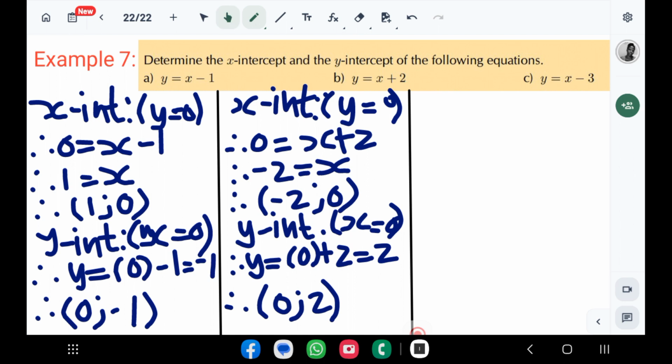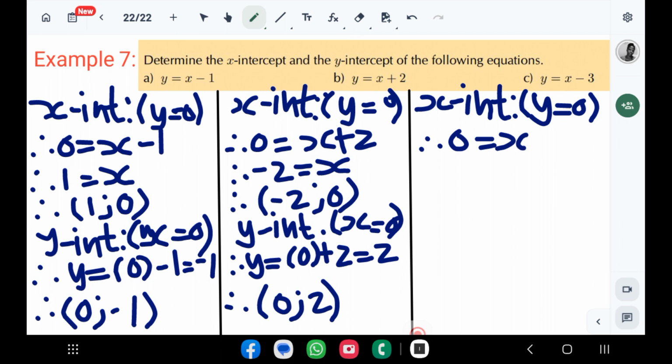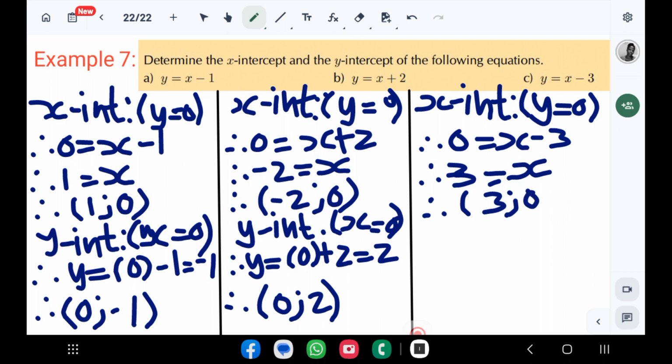Last but not least, y equals x minus 3. X-intercept, make y 0. So we go, therefore, 0 equals x minus 3. Therefore, take everything that's not x to the left hand side. 3 equals x, meaning that the point is (3, 0).